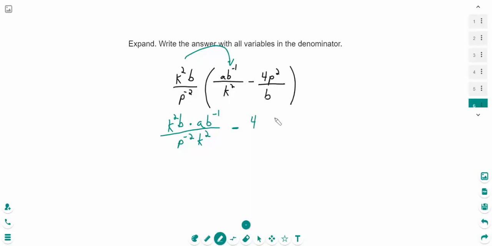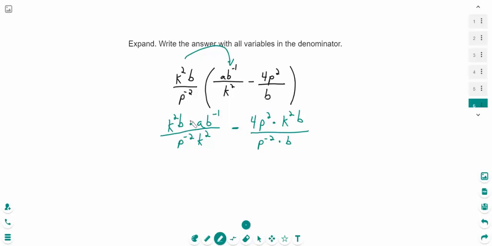So we have 4, and maybe we'll just write it as 4p squared times k squared b. And then we have a p to the negative 2 times the b.